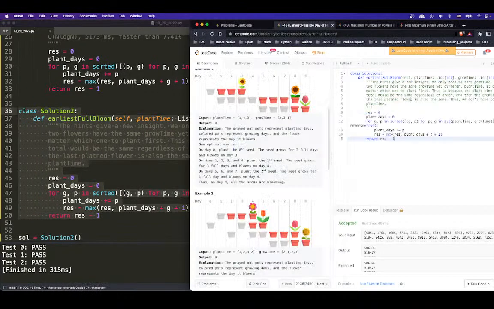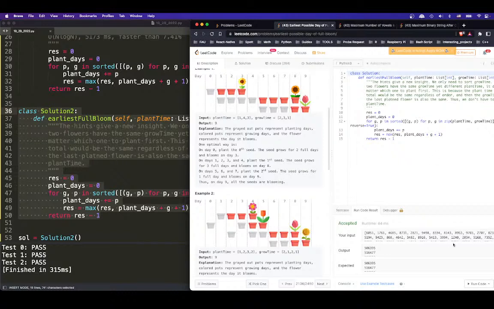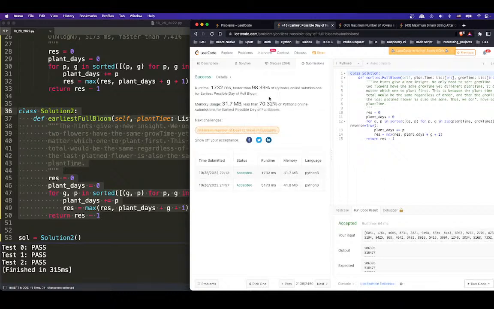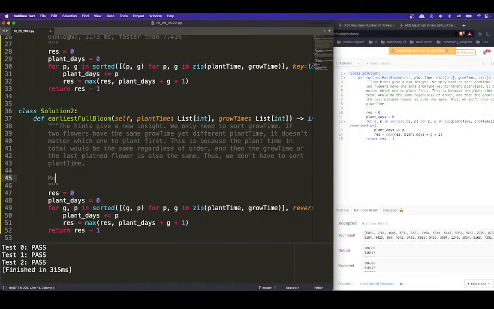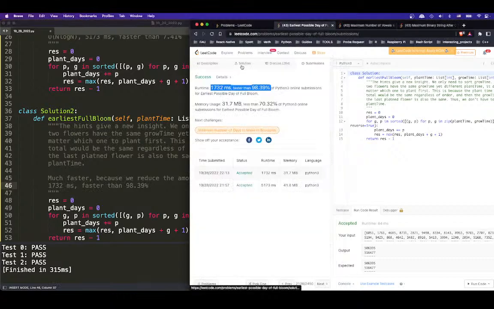I believe this will be faster because we only sort one of them. Or maybe it's the same, who knows. Oh, it's faster because we reduce the amount of sorting necessary. Very good.